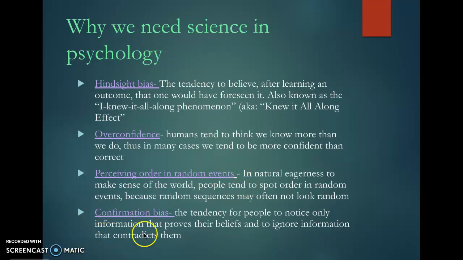And then confirmation bias. This is one we've all experienced. Confirmation bias is simply people only searching out information that is going to verify their preconceived notions. If they already have a feeling about a topic, they're only going to find information that proves that theory correct.